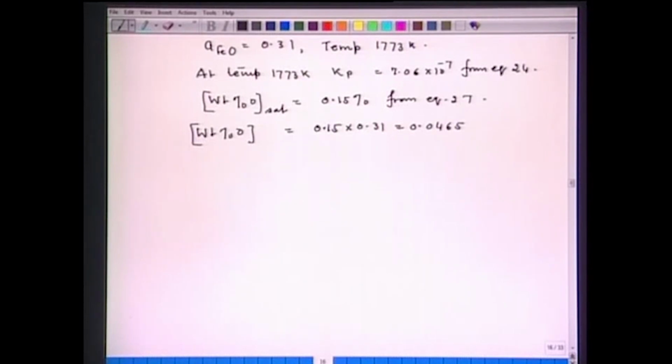You can also calculate this, because we did this calculation earlier. Now I substitute all these values and try to know what value of gamma P2O5 I would require to remove phosphorus from metal to slag, or in other words, to increase the ratio of Np2O5 upon weight percent P squared. That is what I am trying to calculate.